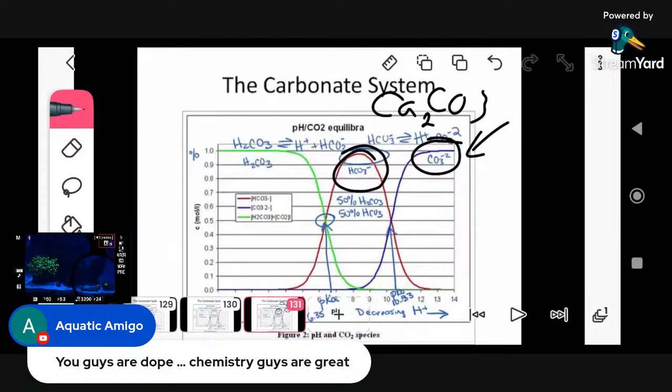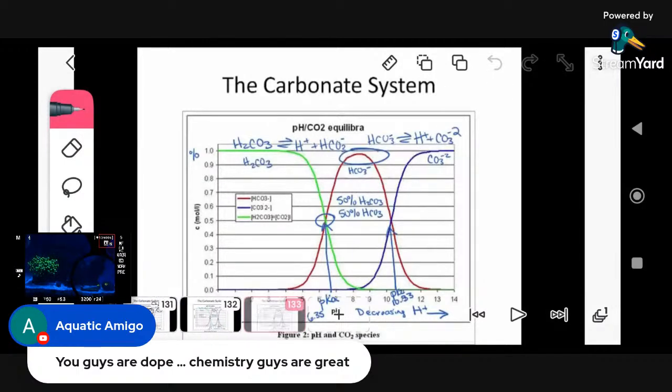I don't know why. I think there's a 2. You guys let me know. Anyways, calcium carbonate, that's your coral skeleton. So imagine when you're going towards the blue this way, this is favoring your coral skeleton. Oh, this is bad. I can't draw corals.